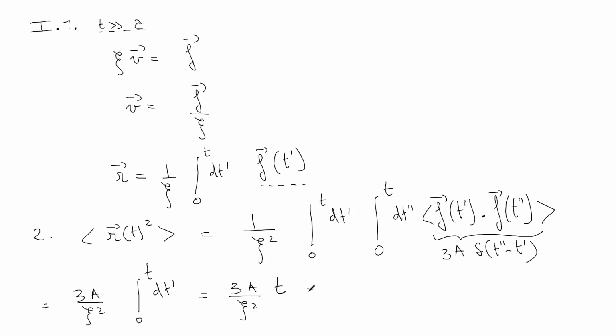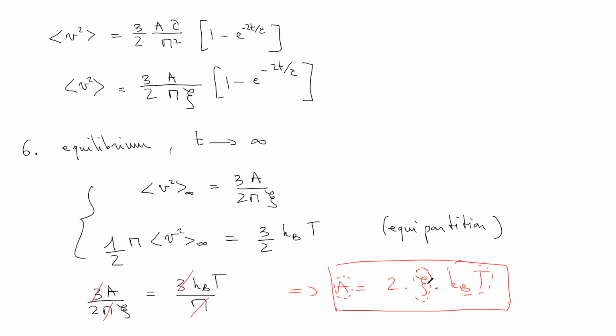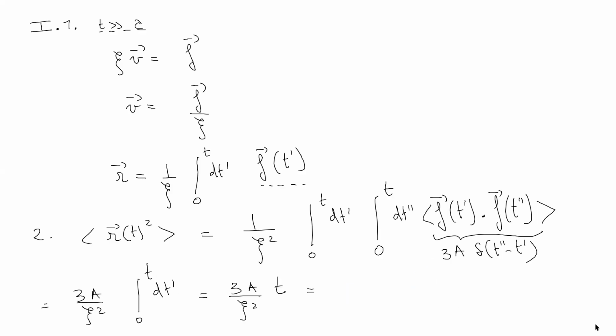And we can express that further, recalling that A has been obtained by the fluctuation dissipation theorem with the inertia present initially. So 2 psi kBT. Right?